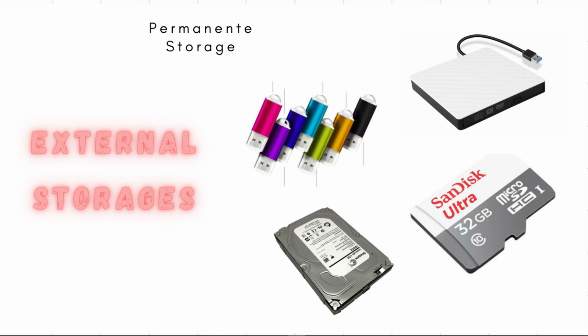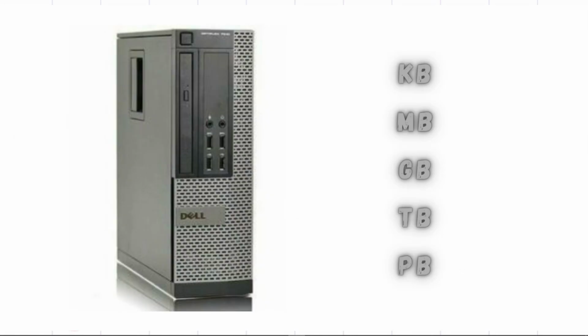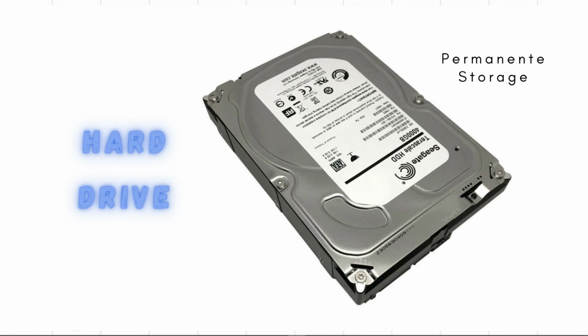All of those are measured in bytes: kilobyte, megabyte, gigabyte, terabyte, and so forth. And your permanent storage, which is your hard drive, is measured in kilobyte, megabyte, gigabyte, terabyte, petabyte, or yottabyte, and so forth.